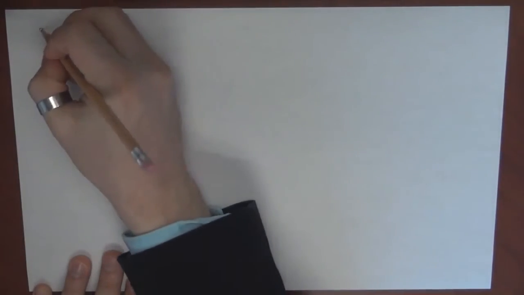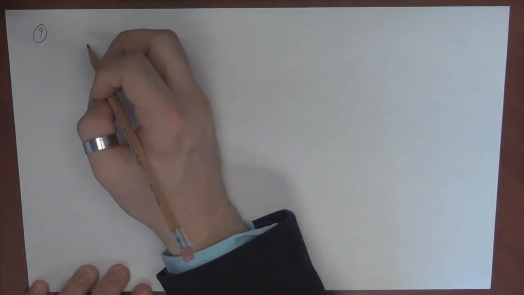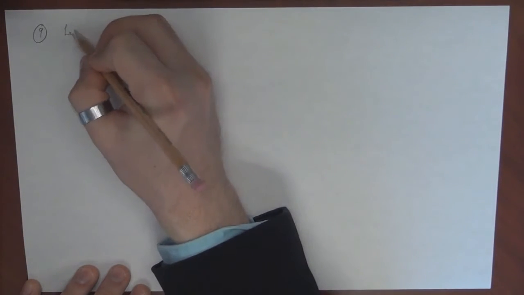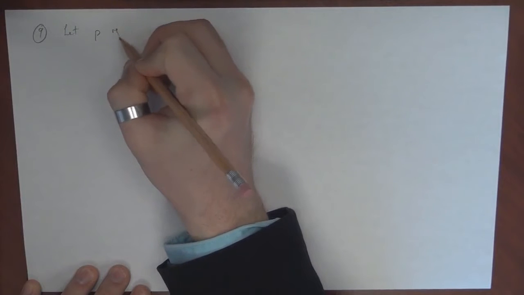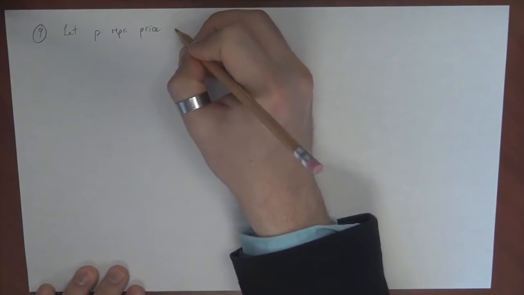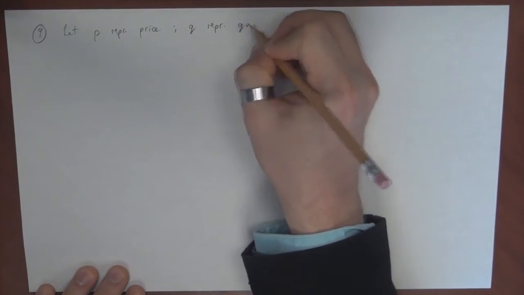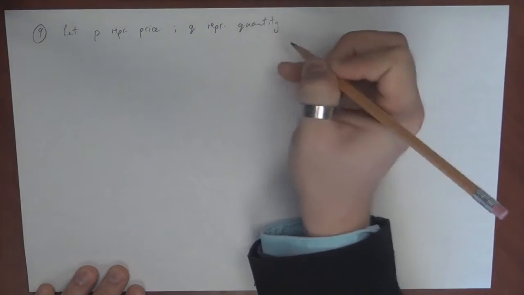So in number 9, I am going to define my P and Q variable. Let P represent the price and Q represent the quantity, same as before.